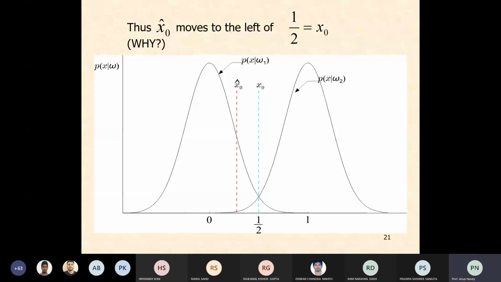If you somehow manage to fit the distribution, the next question comes: how do you estimate the mean and covariance matrix, or the mean and variance?